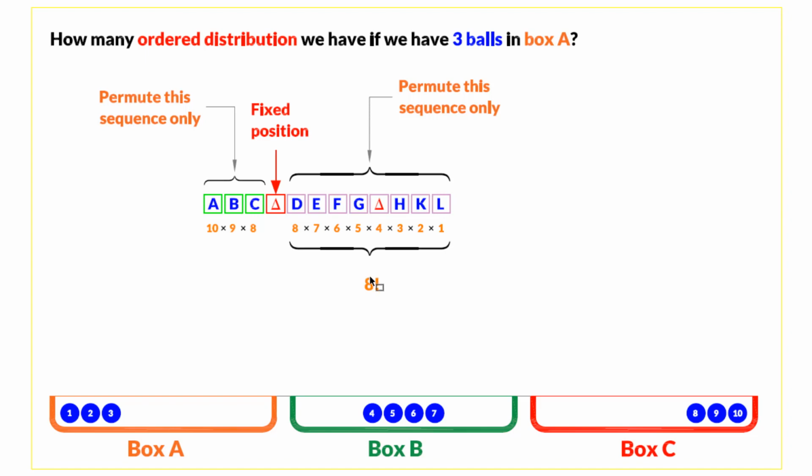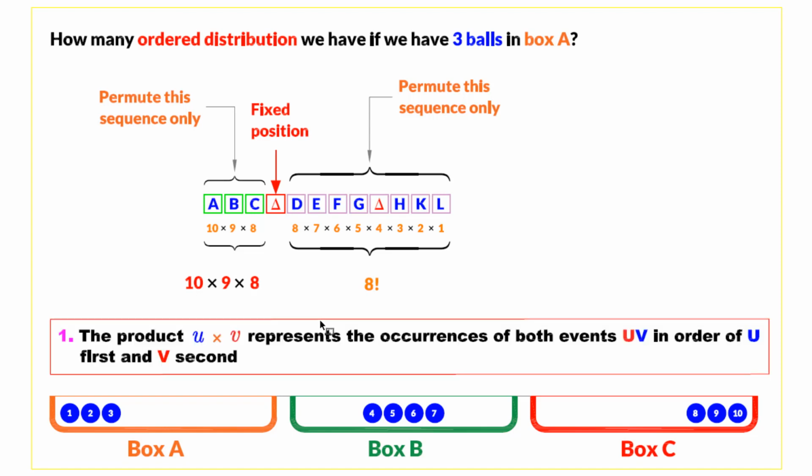So we have 8 factorial possible distribution for the rest of the balls between box B and box C. And this is the number of possible distribution in box A. Again, we use the multiplication principle. So we multiply these elements which belong to U with the elements which belong to V, and we get 29,030,400 possible distribution for the case of 3 balls in box A.